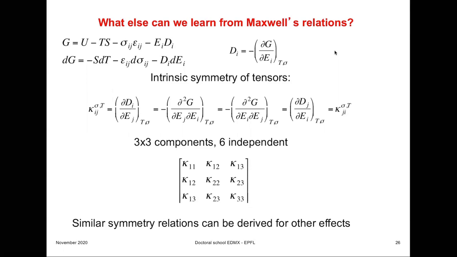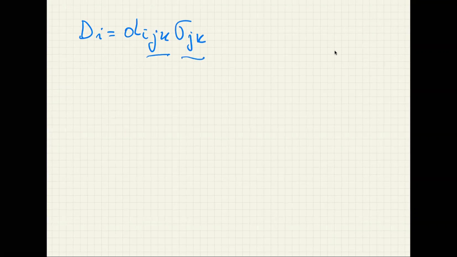Before we start, I would just like to mention something that I probably should have done before, but I somehow assumed that everyone would be familiar with it. When I'm writing a relation like this, every time I have repeated indices on the same side of the equation, that actually means that I'm having a summation over those repeated indices.